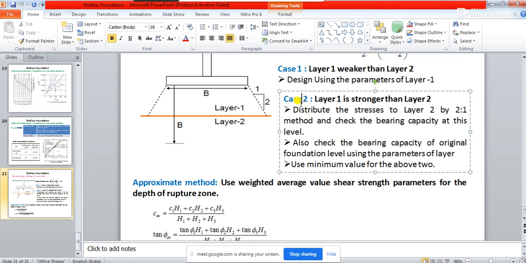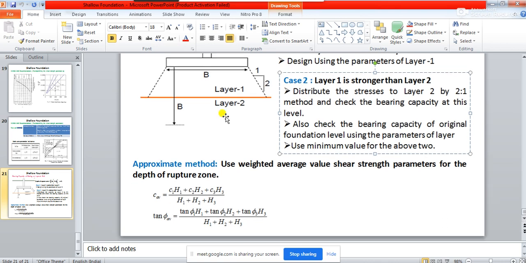Otherwise, for simple calculation, when you get multiple layers of soil up to which the zone of influence of the footing will go, in such a case you can just use the approximate method. In this approximate method, you calculate the weighted average for cohesion and the weighted average for angle of internal friction.